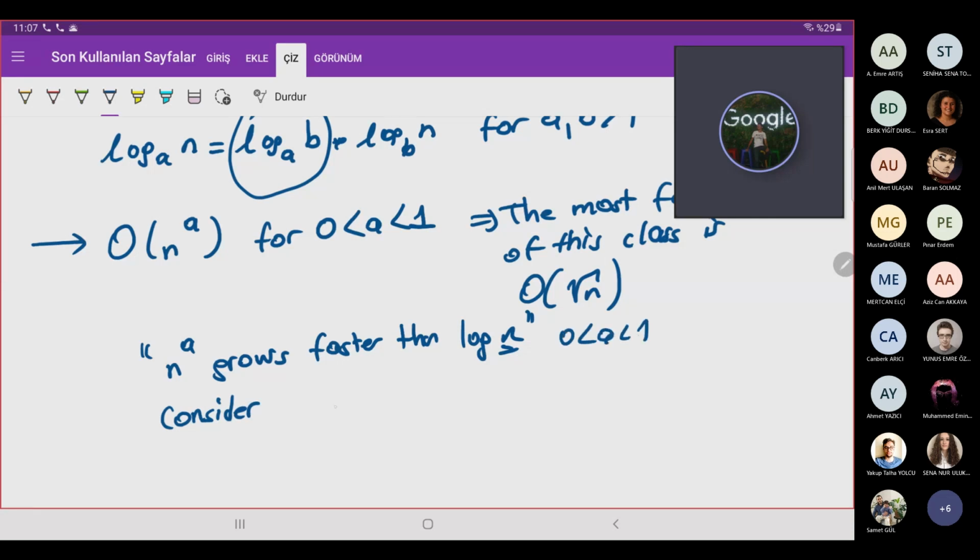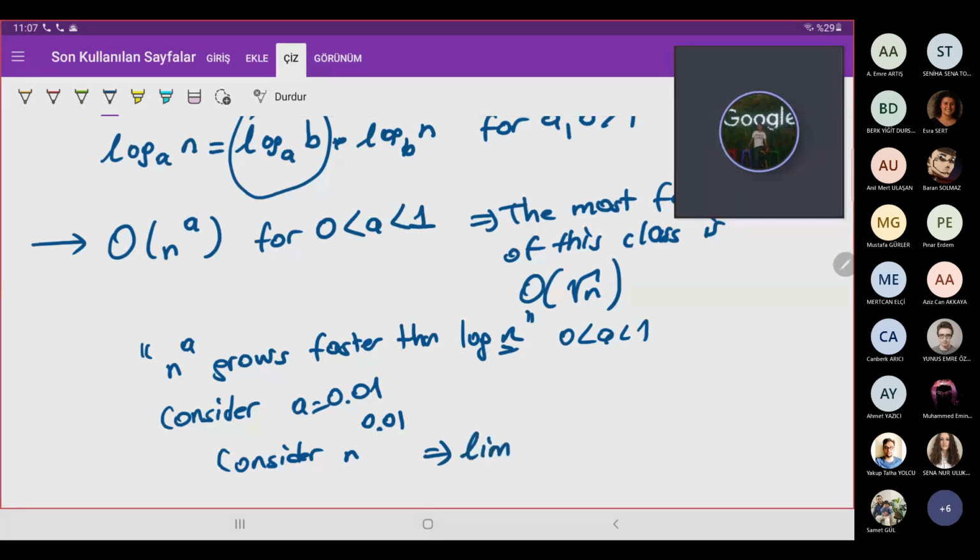But let's say, consider a equal to 0.01. It could be anything, but let's consider that, so n to the power 0.01. We can use the methods that we have seen. We can take the limit of their ratio.